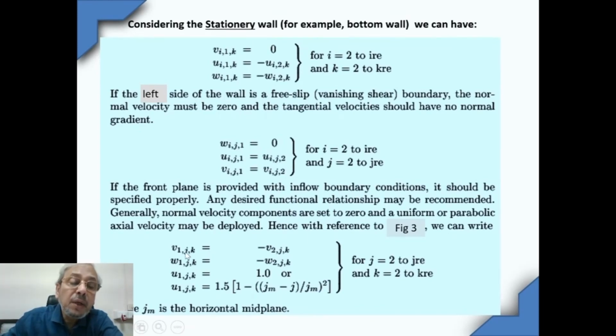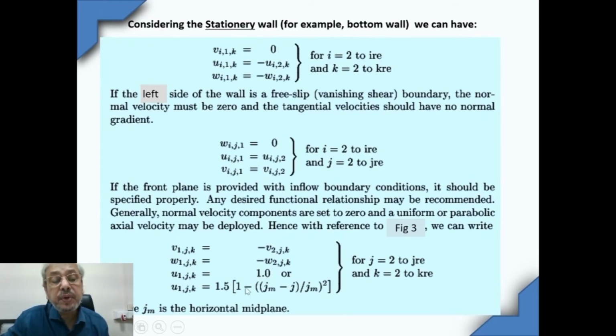So v1 jk equal to minus v2 jk, w1 jk equal to minus w2 jk, so the w component and v component velocity we are setting on that plane as 0, and u1 jk equal to 1.